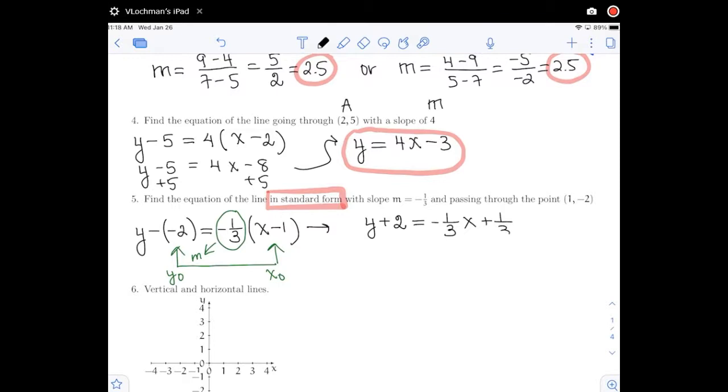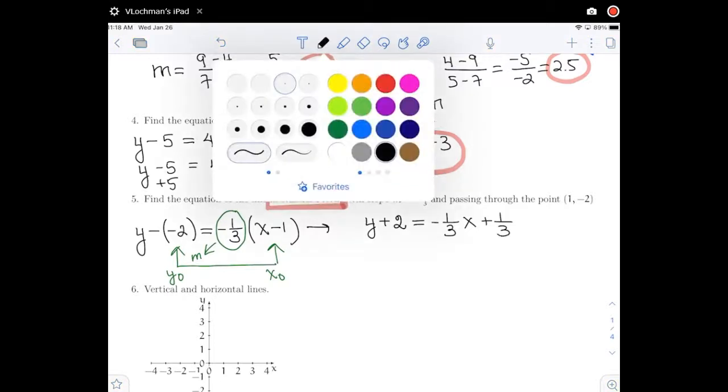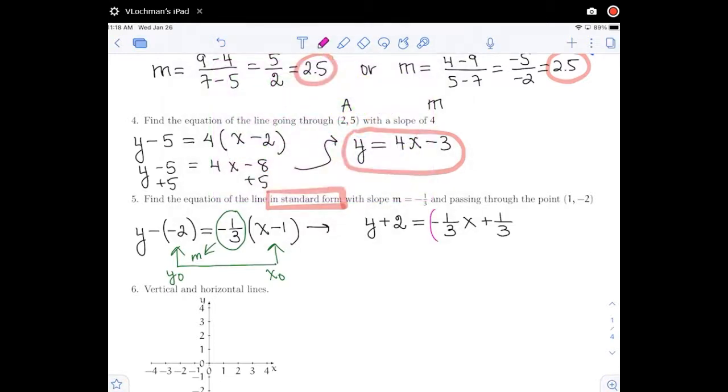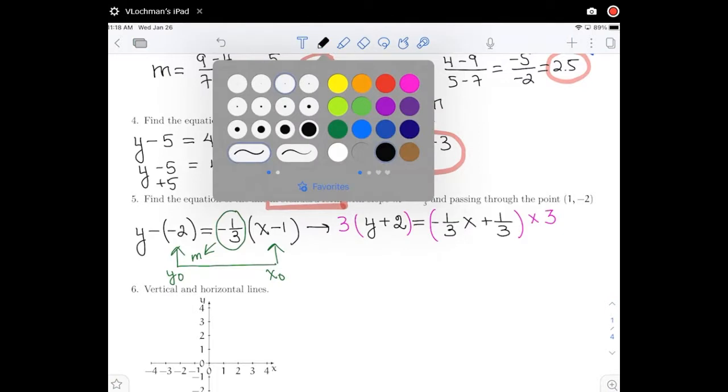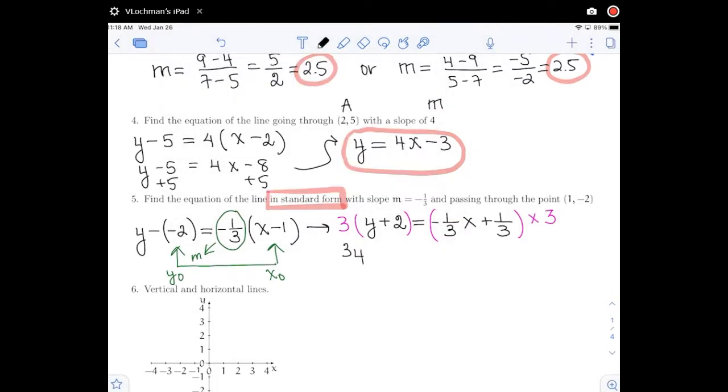What I'm going to do now, I'm going to multiply each side of this equation by 3 to clear that fraction. We can do that to make the equation look nicer. By 3, what do we get on the left? On the left, we get 3y plus 6. On the right, we get negative x plus 1.